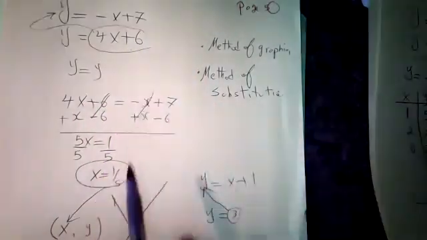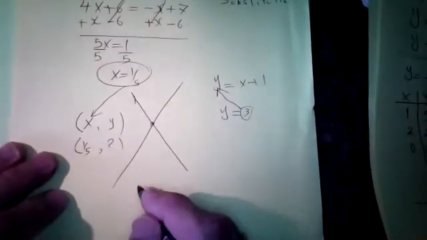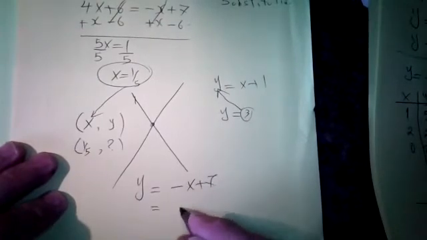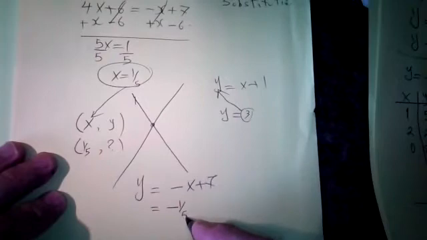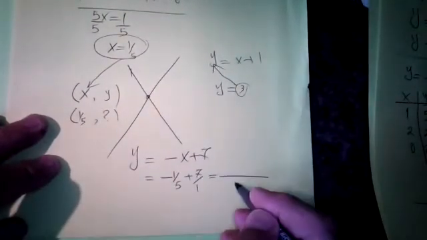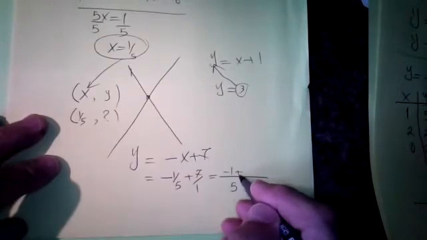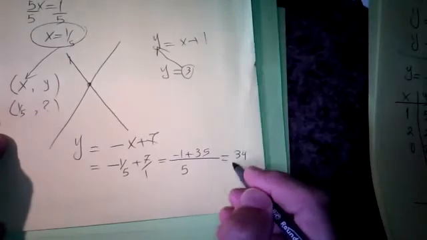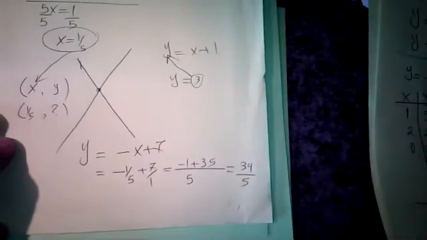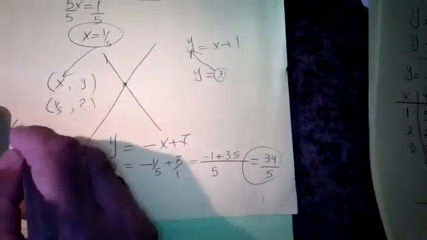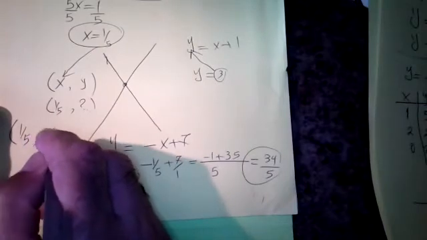So let's say I take this x equal 1/5 and substitute here. So y is minus x plus 7, which is now minus 1/5 plus 7 over 1, kind of a weird number, is 34/5. So this question mark for the y now is 34/5.